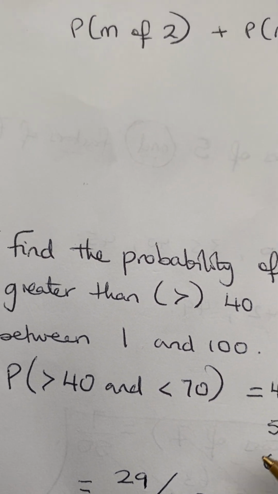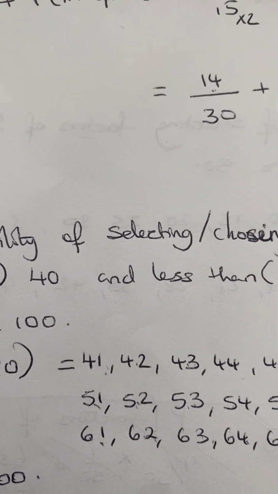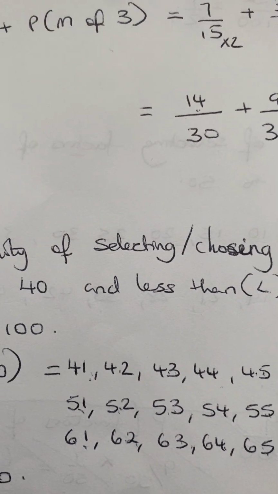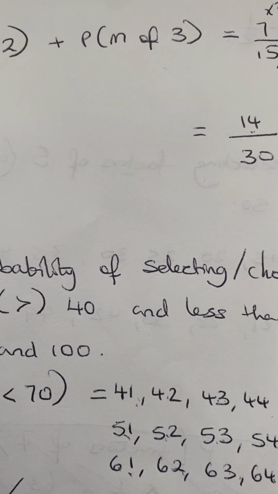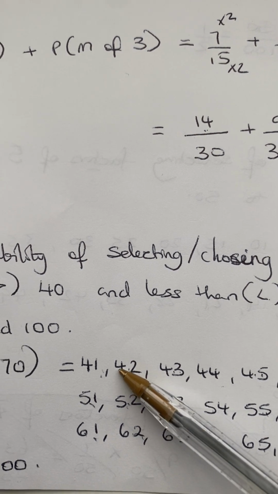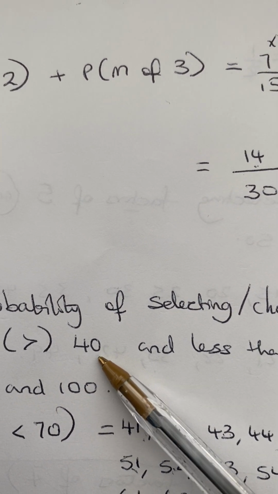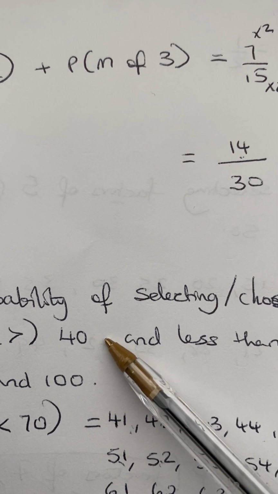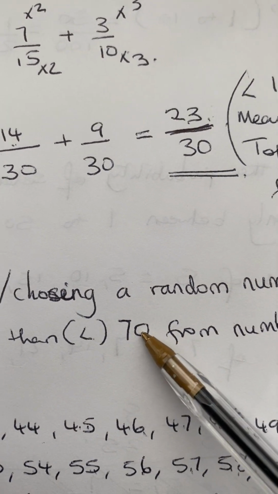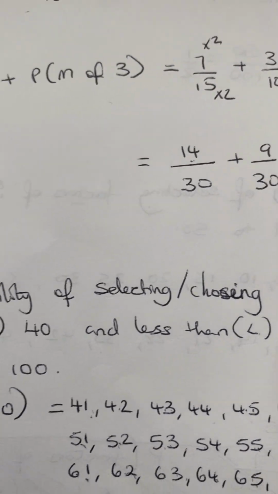Now here we are just choosing any number. They didn't say multiples or anything. So we list all the numbers greater than 40, which starts from 41, and less than 70, which ends at 69.